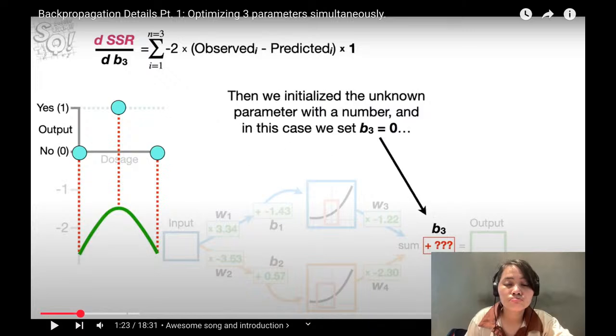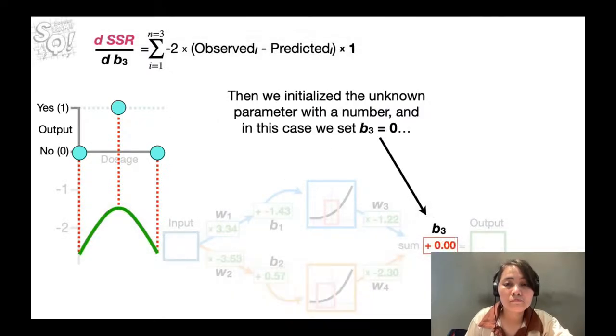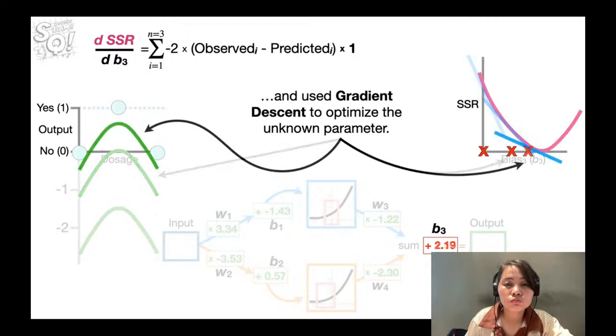Then we initialized the unknown parameter with a number, and in this case we set b sub 3 equal to 0, and used gradient descent to optimize the unknown parameter.